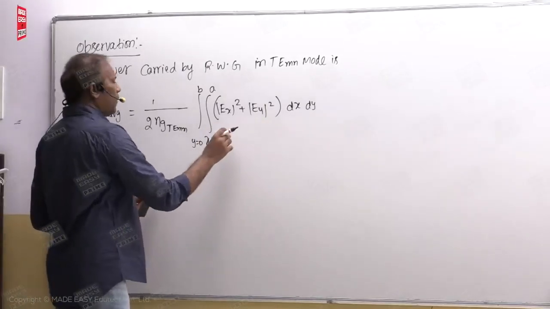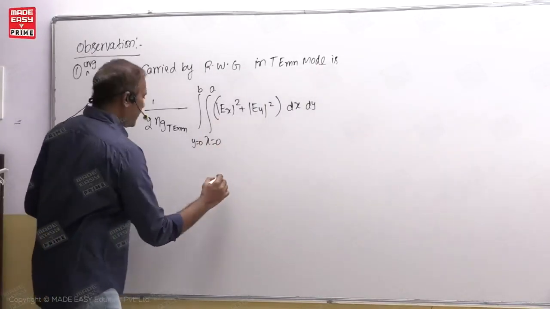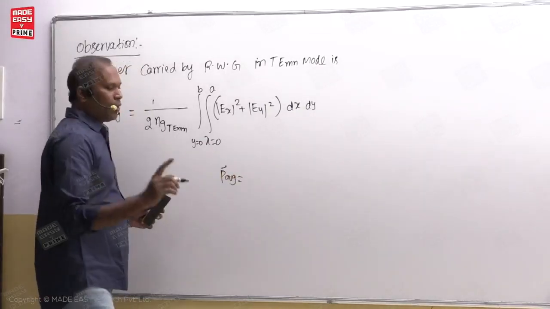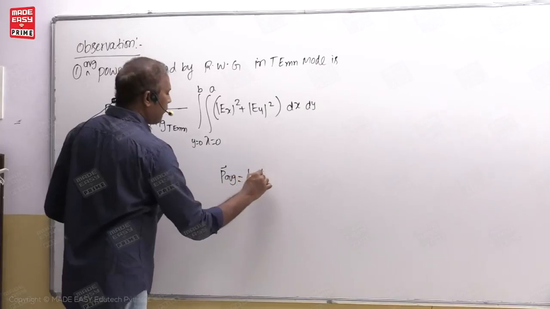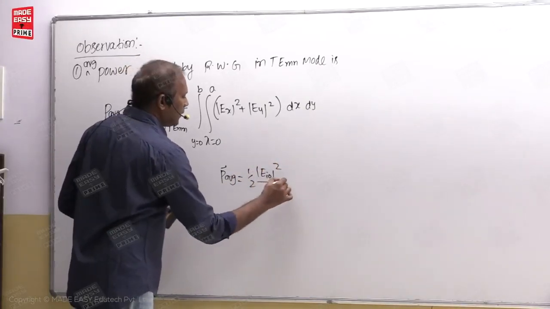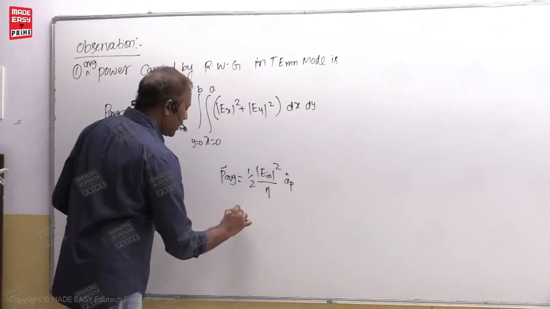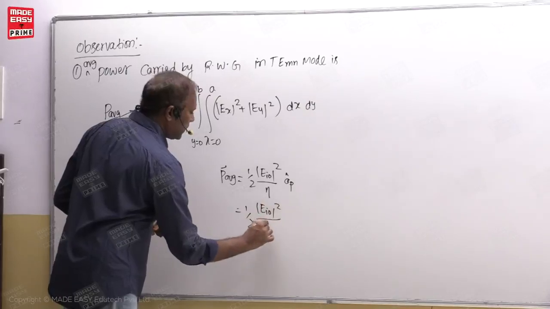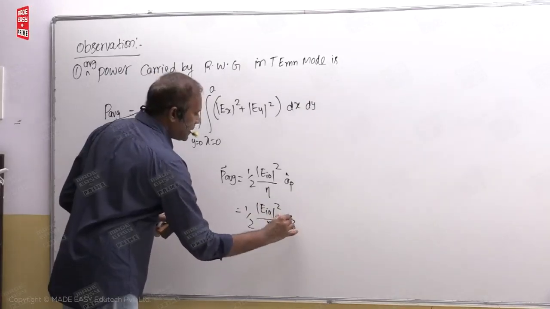Actually, students, it is like this. Average Poynting vector in the uniform plane wave is half E_0 square divided by eta, into the power flow direction. For example, half E_0 square divided by eta, power flow direction is a_z.